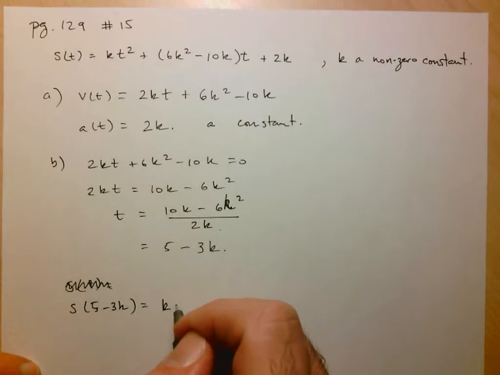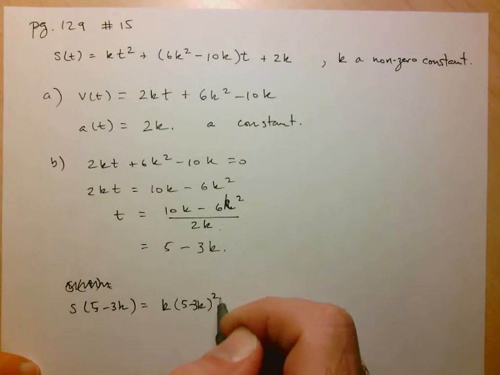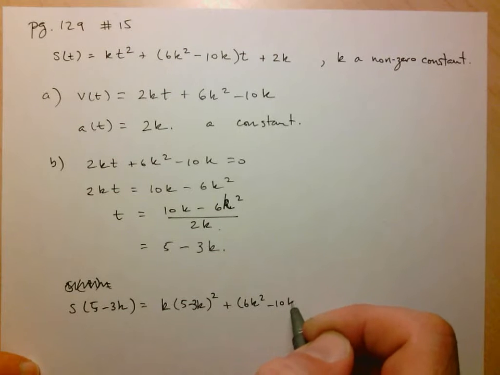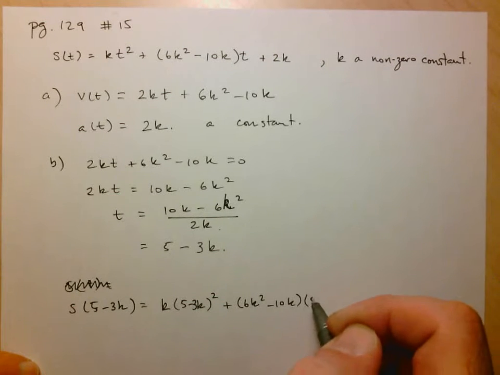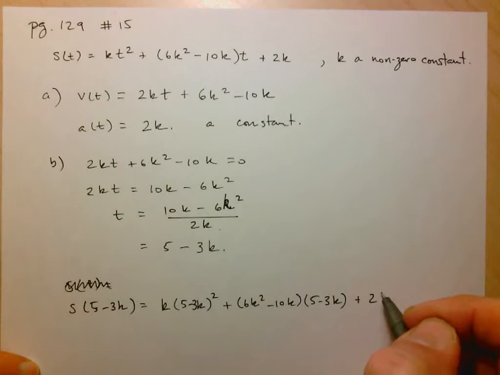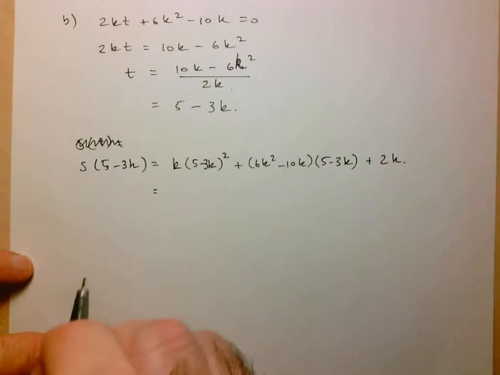So it's k times (5 minus 3k) squared plus (6k squared minus 10k) times the t value, which is 5 minus 3k, and then plus 2k. Okay, so here we just have to do a whole bunch of algebra and simplify.